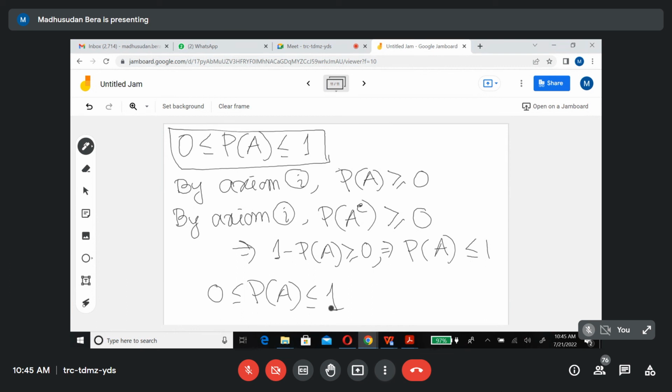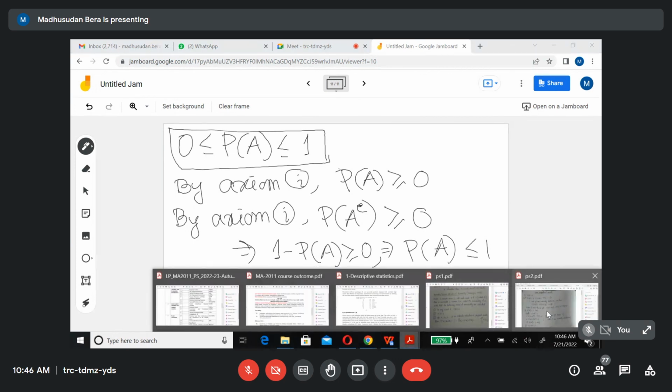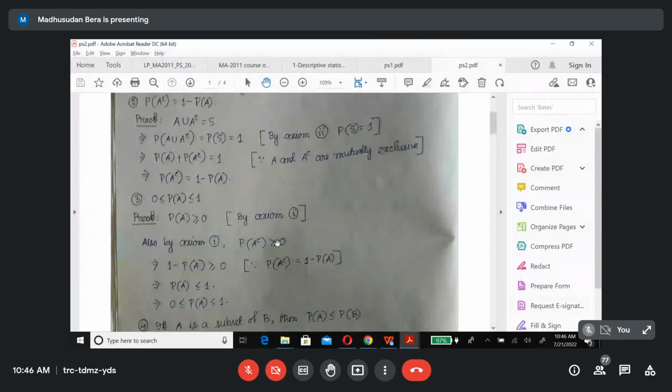That's why 0 is less than or equal to P of A, which is less than or equal to 1. Is this okay? Yes, sir.